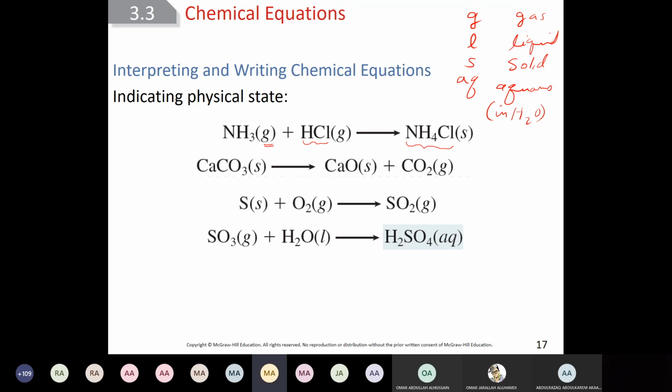What's the name of this special group? Ammonium. Ammonium chloride solid. You should know how to say this reaction.